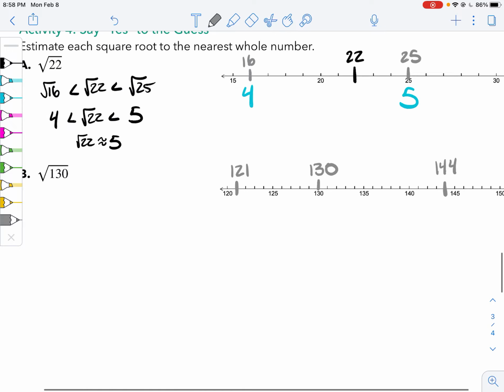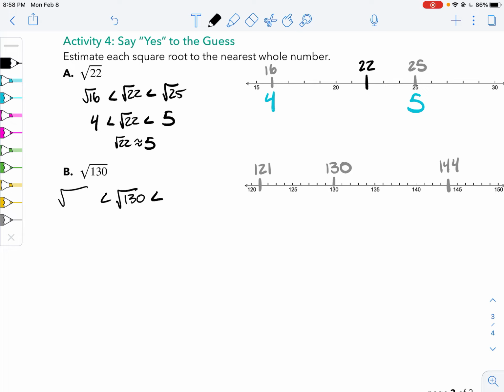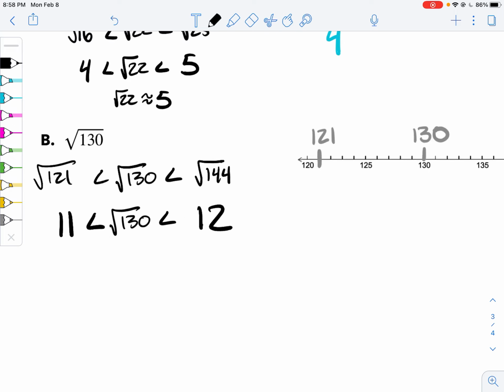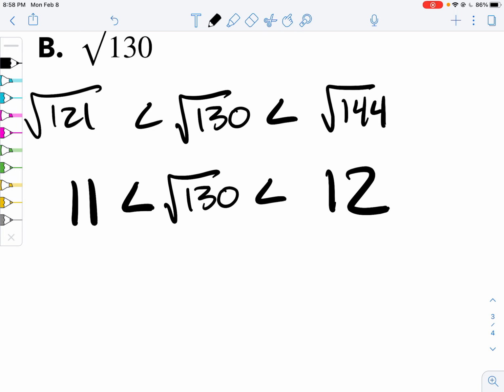So that tells us that the square root of 130 is between the square root of 121 and the square root of 144. But what's the square root of 121? That's 11. And what's the square root of 144? That's 12. So the square root of 130 is between 11 and 12 somewhere.